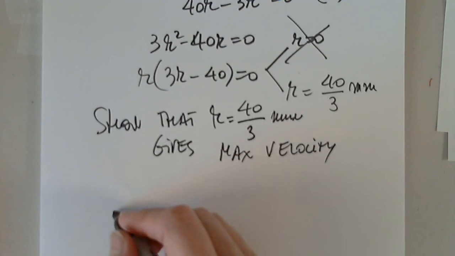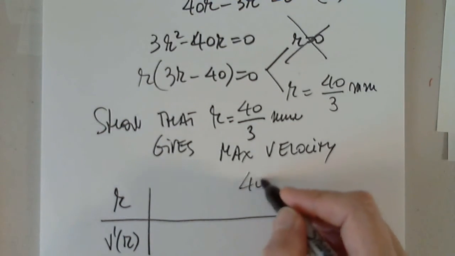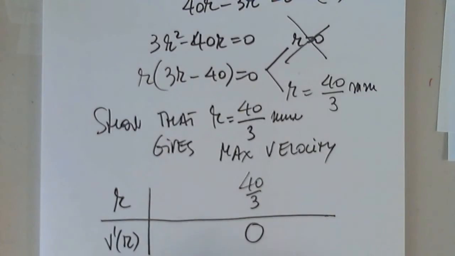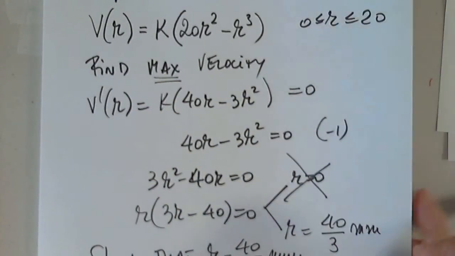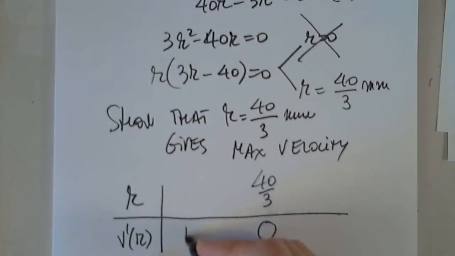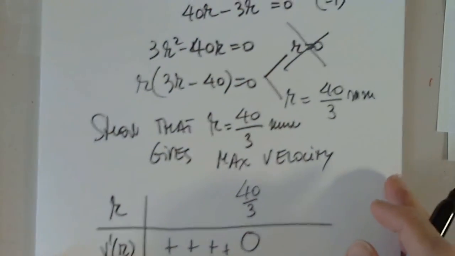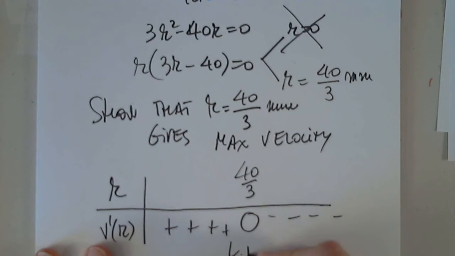Very simple. v prime of r, 40 divided by 3, 0. Here's my velocity. I plug in 1. When I plug in 1, I have 40 minus 3, so this is positive. And when I plug in 100, this is negative. This is typical for a local max.